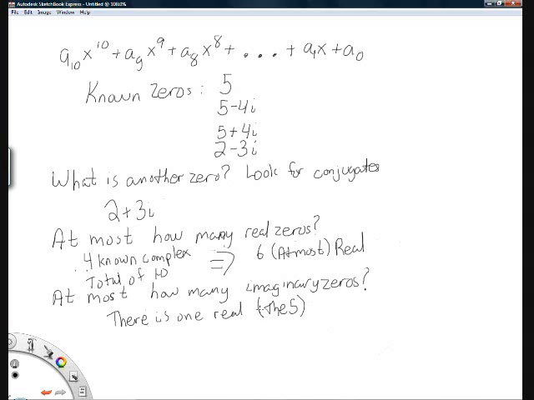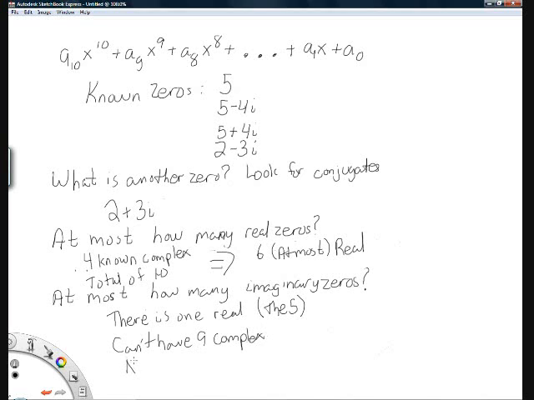So what difference does that make? Well, if the 5 up here is a zero and it's a degree of 10, that reduces it by 1 out of 10, but you can't have 9 complex. So let me write that down. Can't have 9 complex.